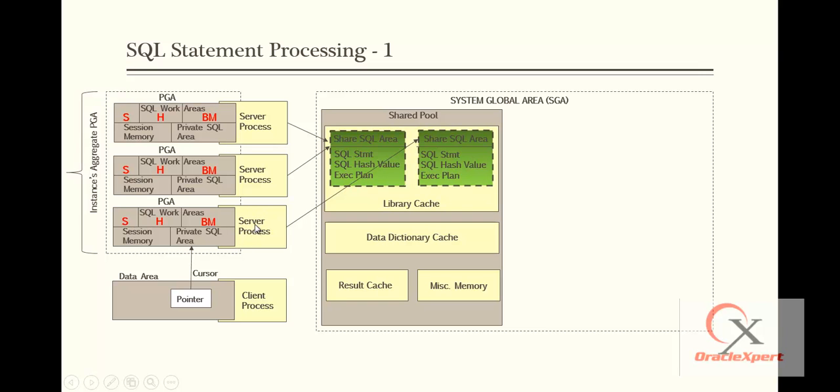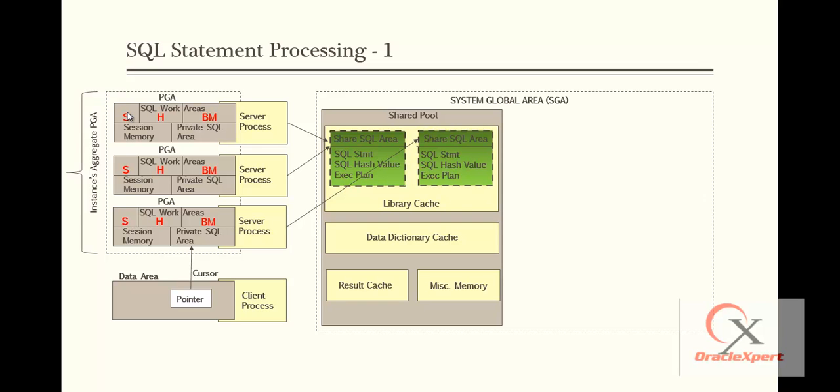So this is my server process on the server, and this process requires its own memory for its operation, which is exactly what I described here as the PGA. As there would be many server processes, for every server process there would be exactly one PGA. So there are many different PGAs for a given database instance.